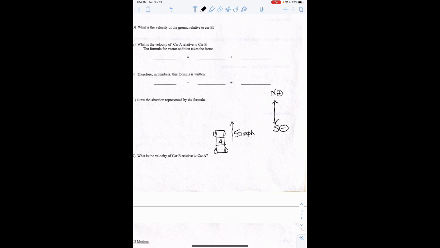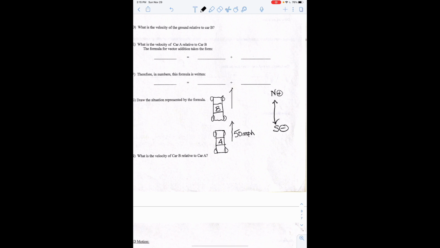All right. And just because it makes this problem a little easier, I think, I'm going to draw car B in front of car A. And car B is just going to be kind of pulling away, right? It's going to be traveling a little faster. And maybe this is on the expressway, so it's still a safe speed.